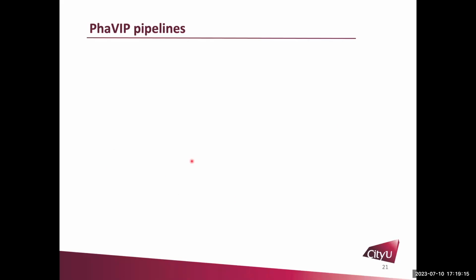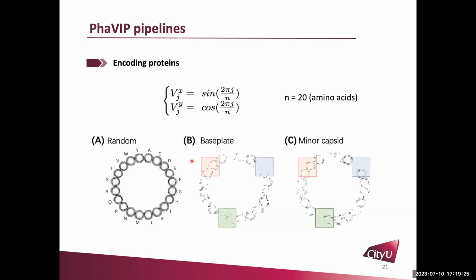So based on the introduced techniques, we design a model named PhaVIP for Phage VIrion Protein classification. First, we will encode the protein sequence into FCGR images. Here is an example showing the images of different virion proteins, and it is clear that there exist some unique patterns in different protein images.